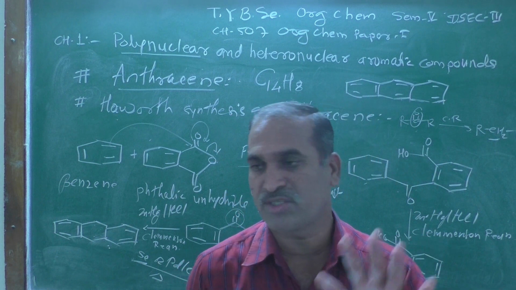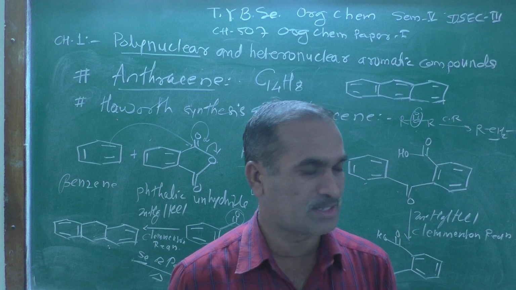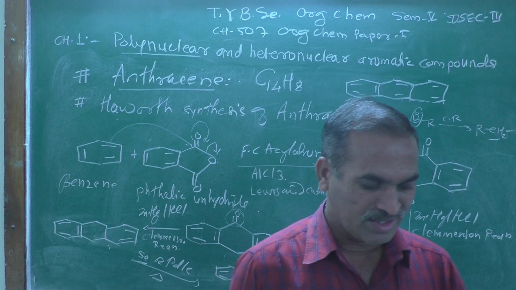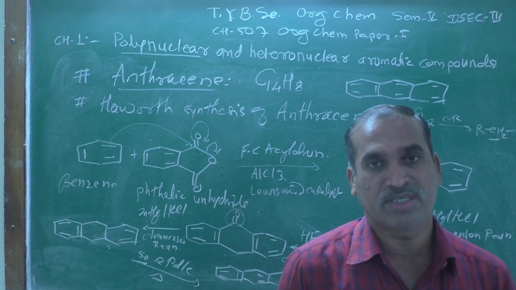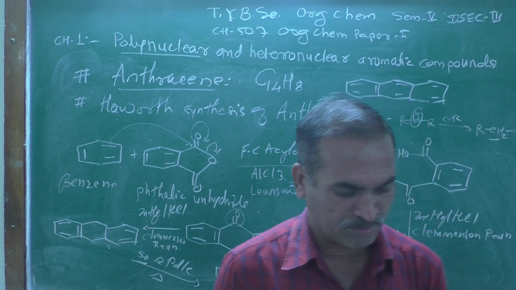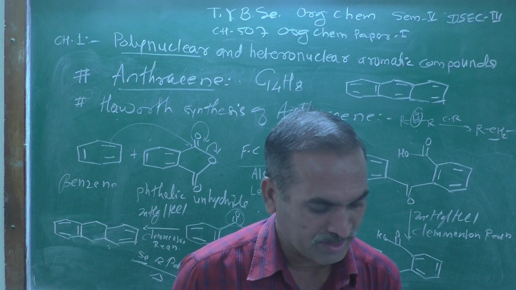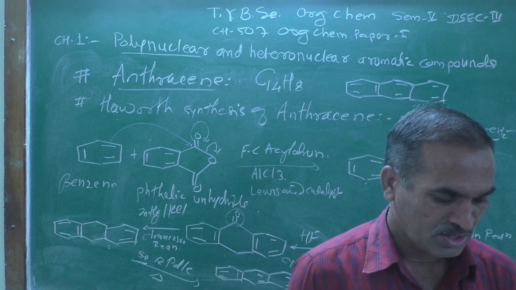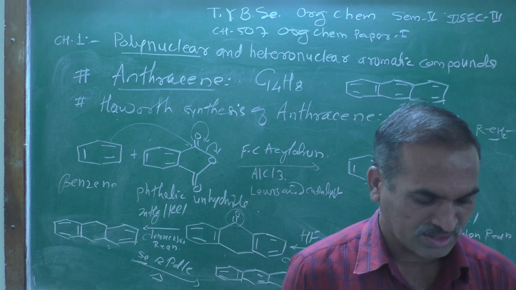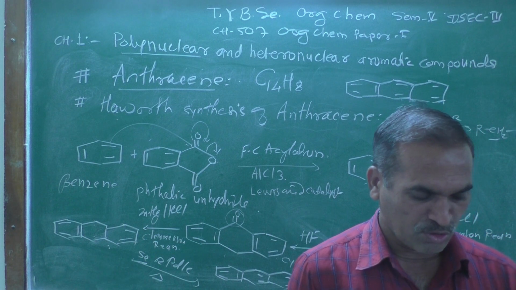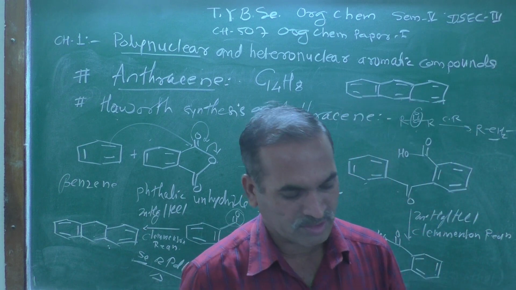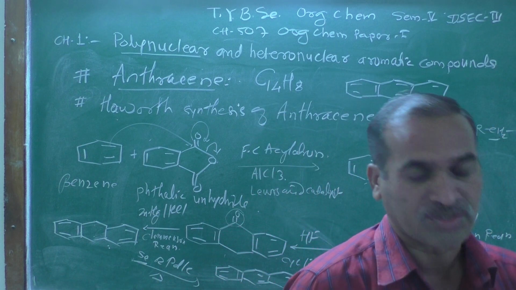As we know, the stabilization energy for benzene is 36 kilocalorie per mole, but in this case anthracene is only 28 kilocalorie per mole, and that is why anthracene is much less aromatic than benzene and gives both substitution and addition reactions with ease.